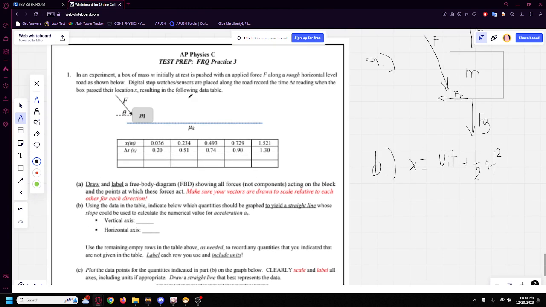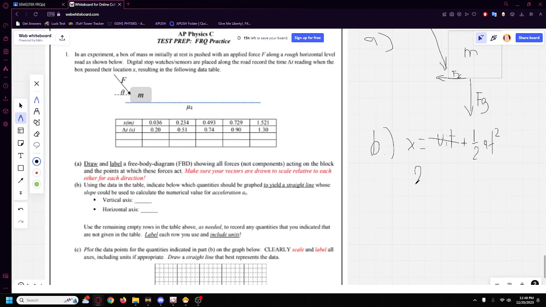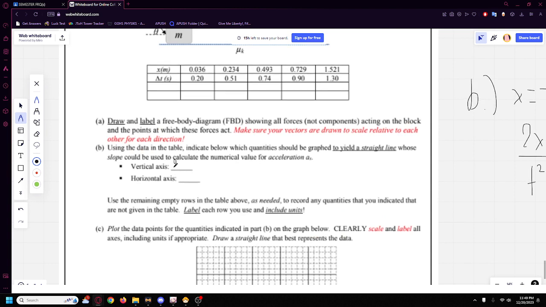VI is 0 because it's initially at rest, which means that x is equal to 1/2 AT squared. So we multiply by 2, so it'll be 2x, and we divide by t squared, and that's equal to A. So the vertical axis is 2x, and the horizontal axis is, oh, I mean, not AT squared, it's just t squared.